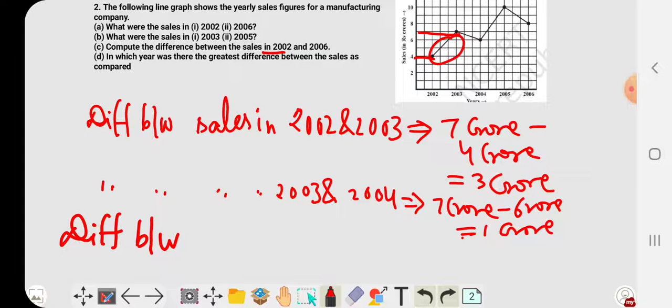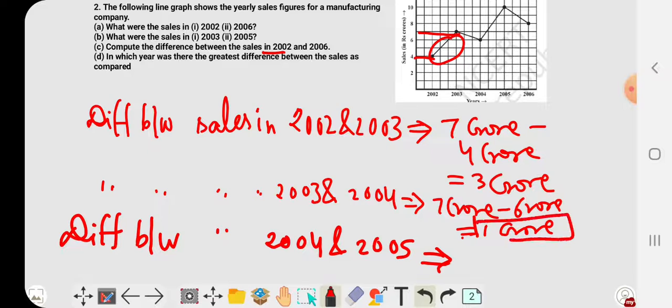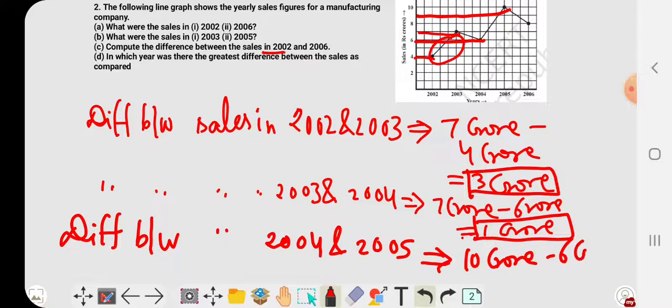Now difference between the sale in 2004 and 2005. So this is one difference. Another difference, 2004 the sale is 6 crore and in 2005 it is 10 crore. So we can subtract 6 from 10. That will give us 4 crore.